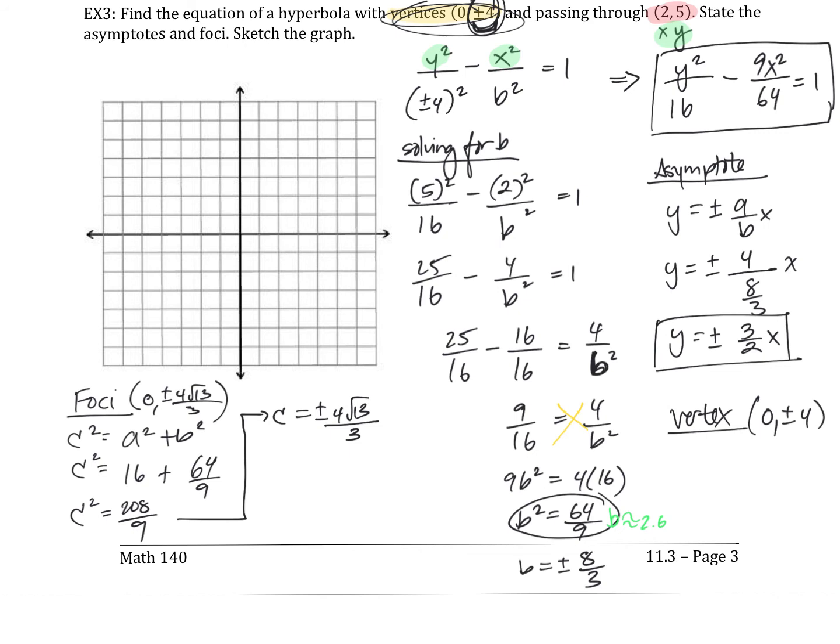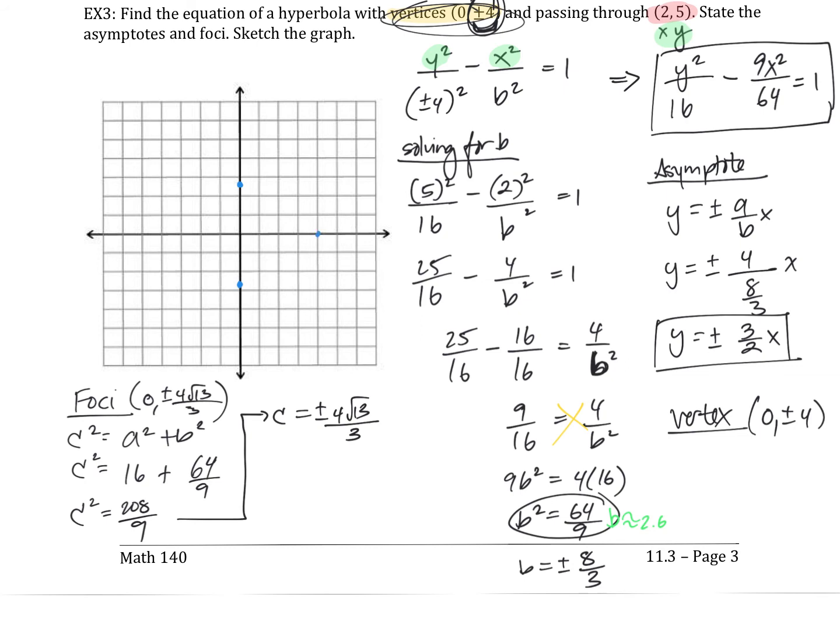Let's go ahead, draw in the box. The b value is so weird. 8 divided by 3, I said roughly about 2.6, a little more than halfway. And then the a value was 4: 1, 2, 3, 4.